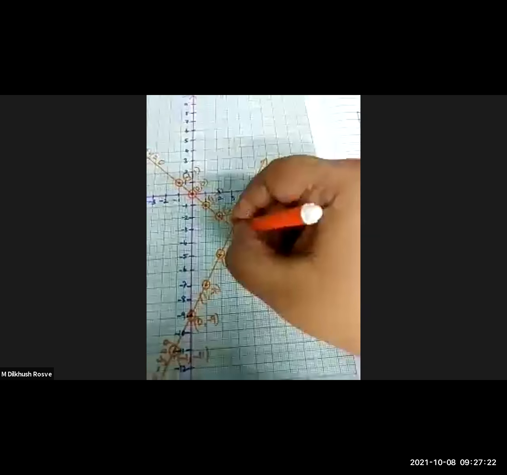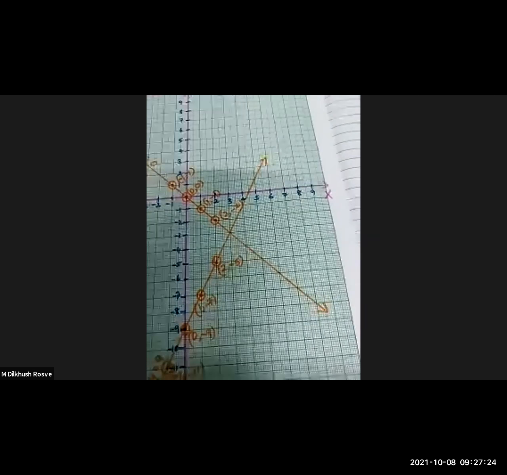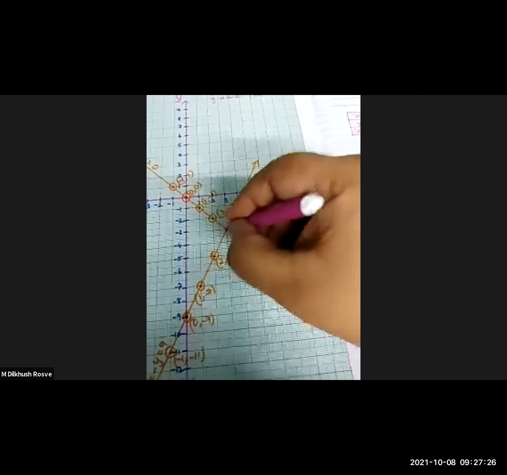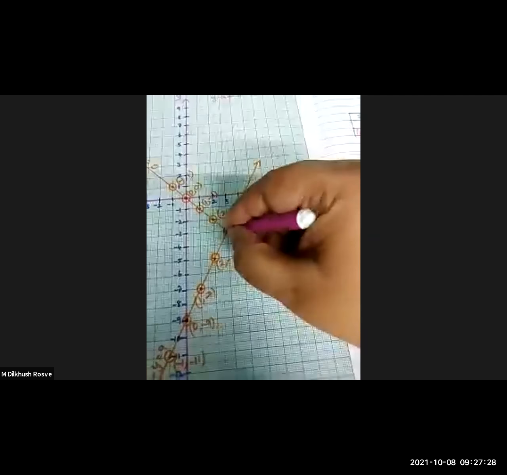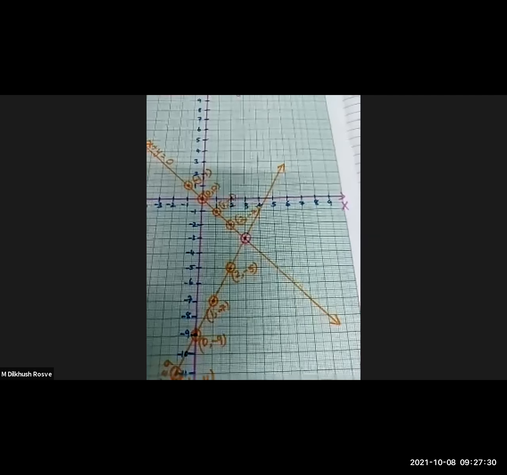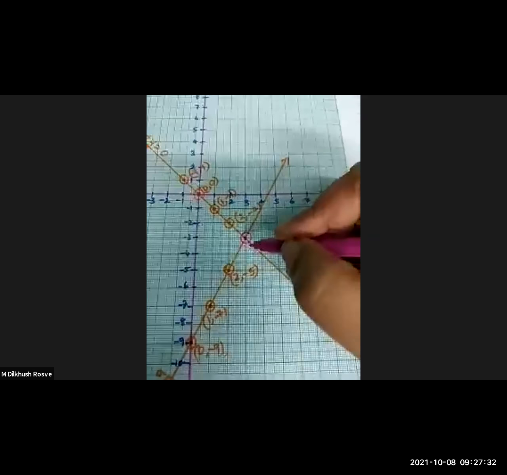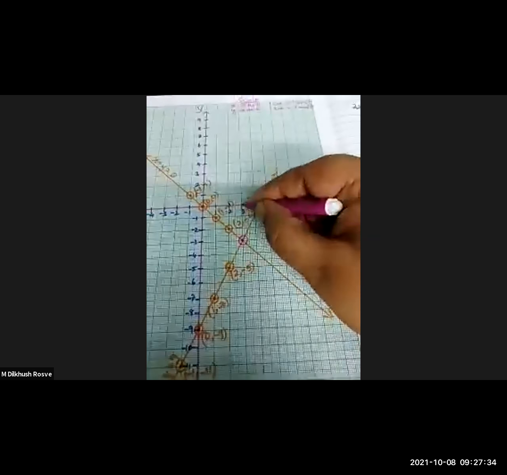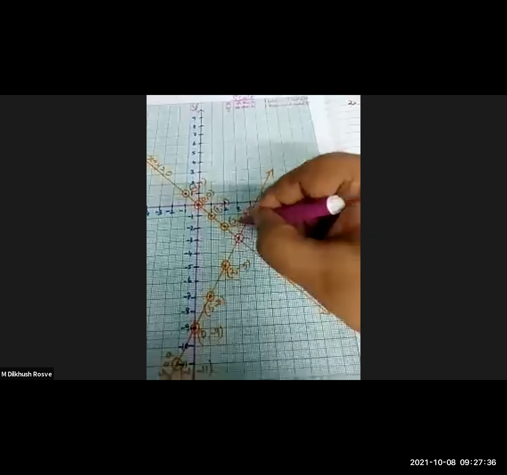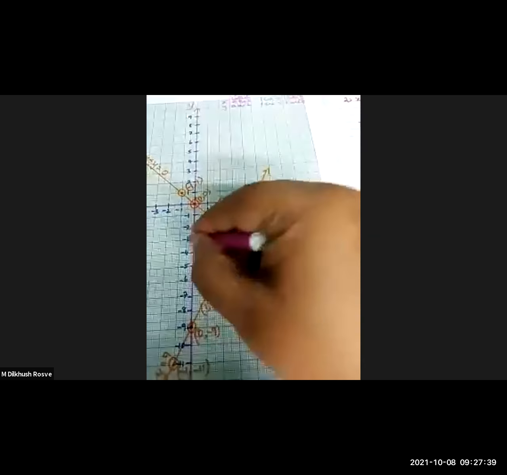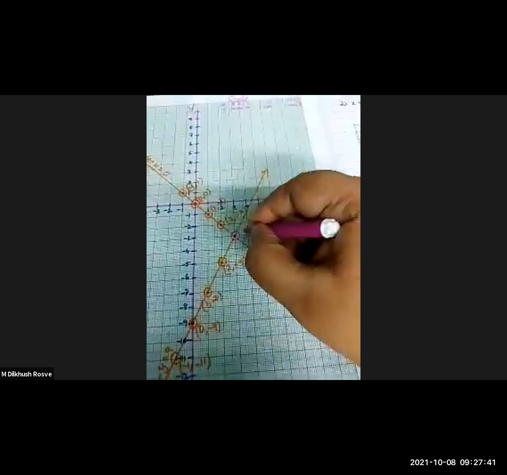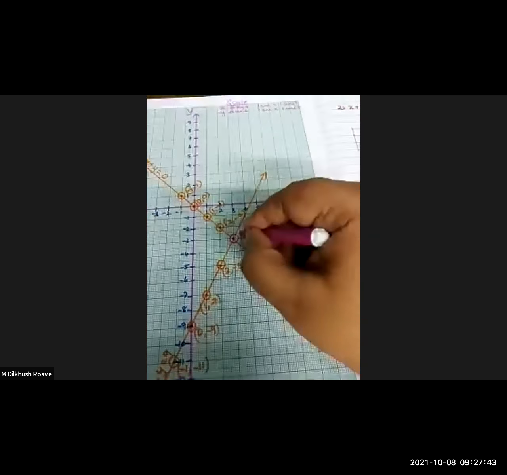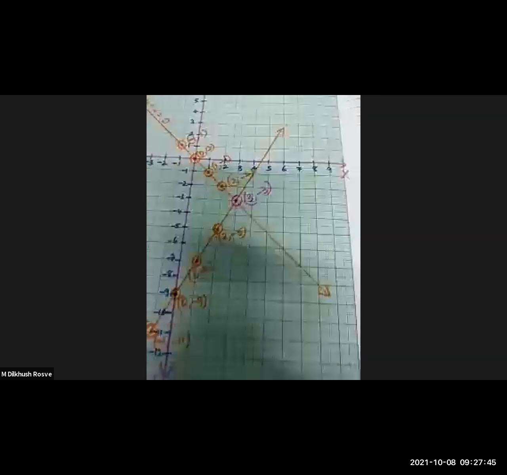Now you see the intersecting point. Okay, can you see the intersecting point here? This one you mark, the intersecting point. So when you mark this one, you see here first the x-axis. What is the value here? 3. And what is the value here? Minus 3. So 3, minus 3 is your answer. Understood, children?